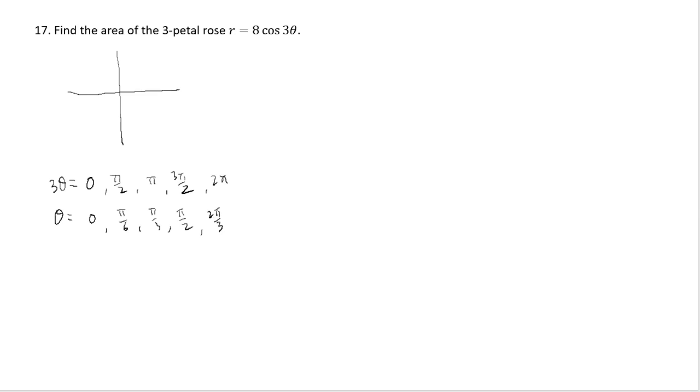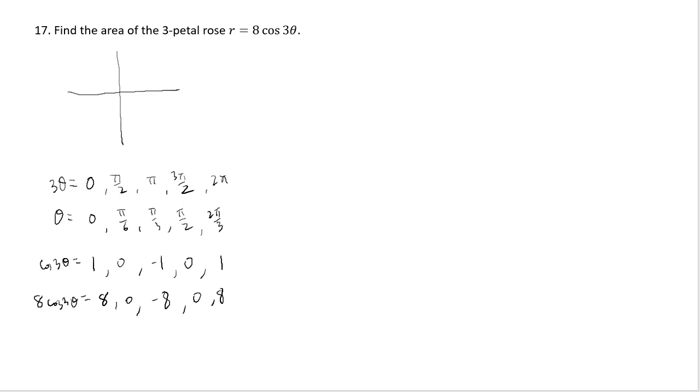And then for that, what's cosine 3 theta? Cosine of 0 is 1, cosine of pi over 2 is 0, cosine of pi is -1, cosine of 3 pi over 2 is 0 again, and cosine of 2 pi is 1. If you multiply by 8, 8 cosine 3 theta is 8, 0, -8, 0, 8.